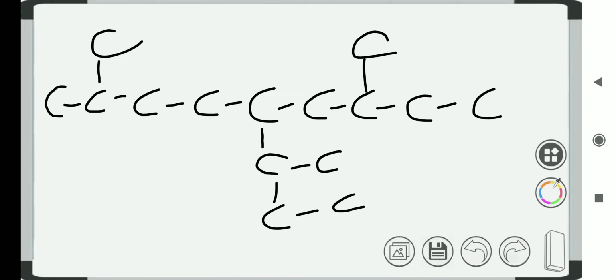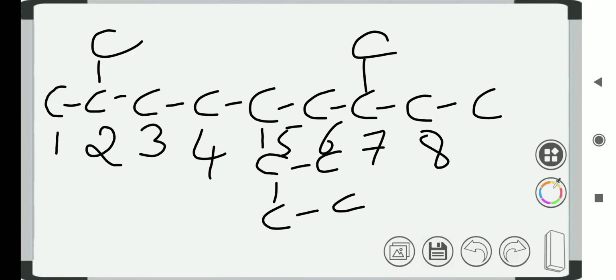We number from the end that gives the lowest number to the substituent carbon atom. Adjacent to the butyl chain, 1 2 3 4 5 6 7 8 9.